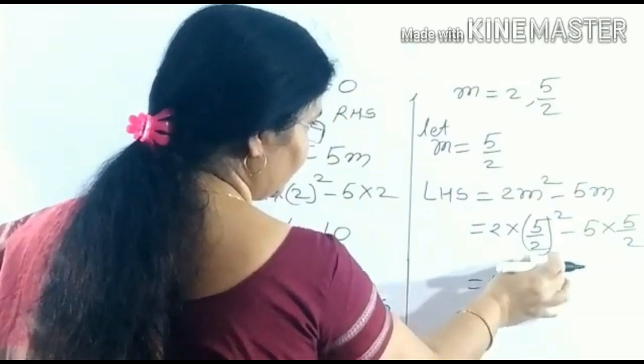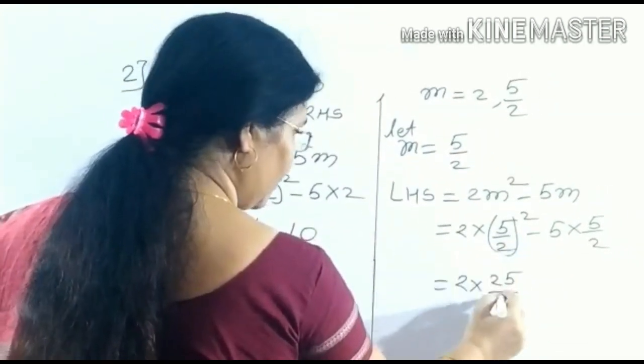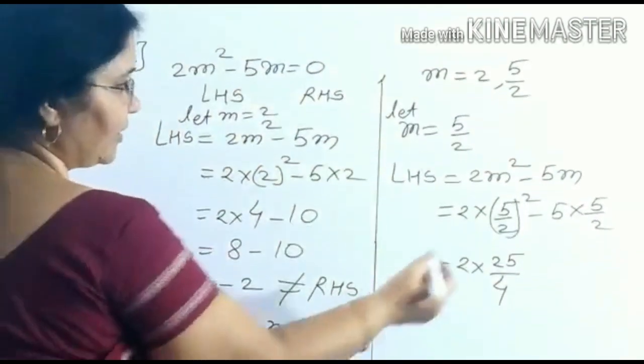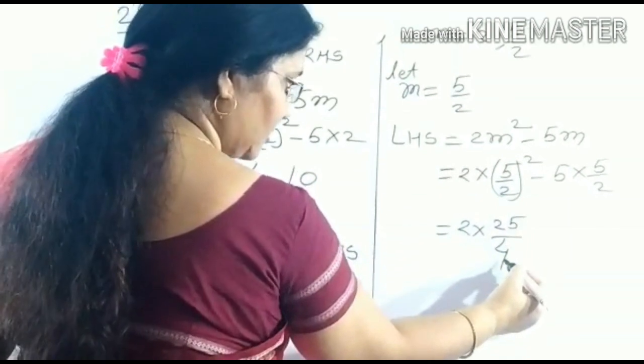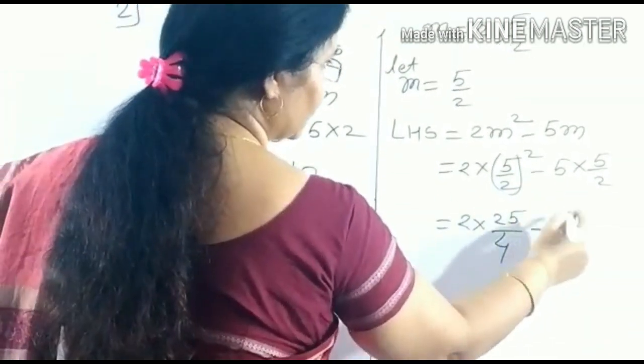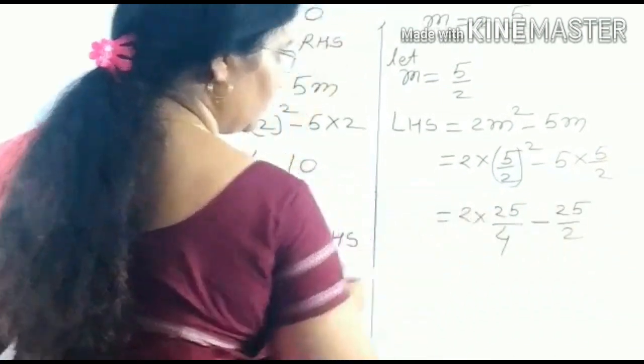What is the square of this 5 by 2? It is 25 by 4. Numerator is 5, so its square is 25. Denominator is 2, so its square is 4. Minus 5 into 5, it is 25 by 2.